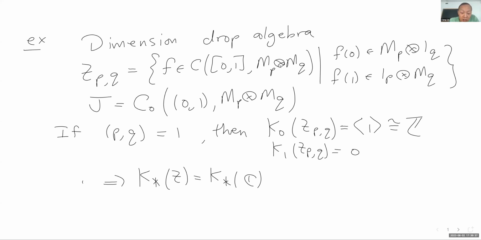Can I have a quick question? Yeah. Why does co-prime matter here? Well, as I said, you can do the same computation even if they're not co-prime, but you won't get these answers. You really just have to sit down and do the computation to understand why. You still get Z, but it's not generated by the class of the unit.